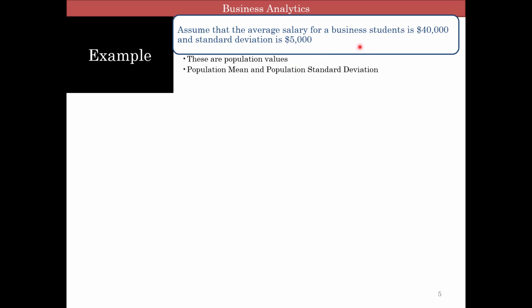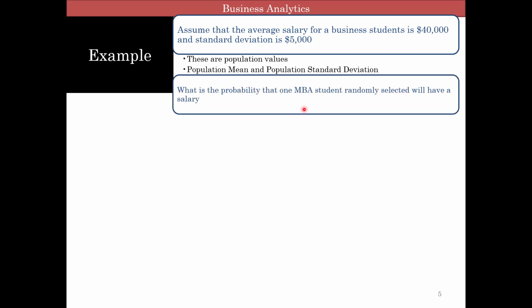So population mean is 40,000, standard deviation is 5,000. And the probability that one MBA student randomly selected will have a salary less than 33,000, more than 33,000, less than 48,000, more than 48,000, and then between these two values.